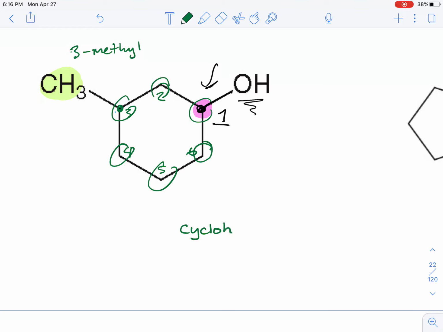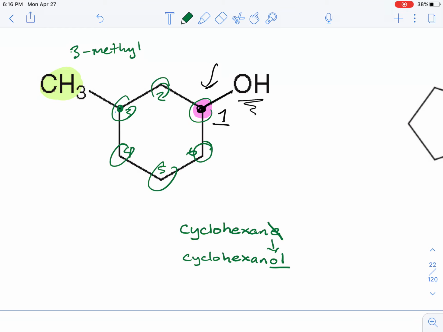Cyclohexane would be the normal way for me to write this if there was no alcohol. But since there is an alcohol, I'm going to drop the E and add the OL, so this is going to be cyclohexanol.